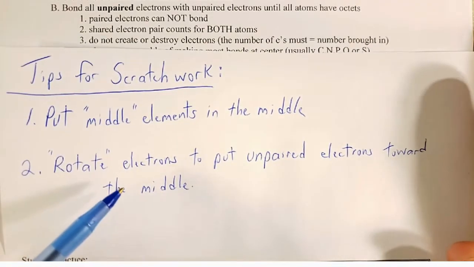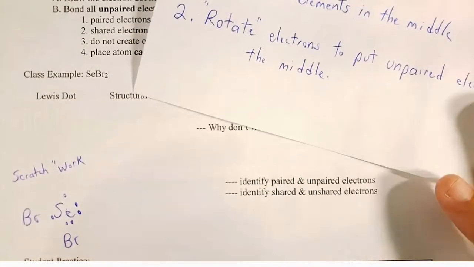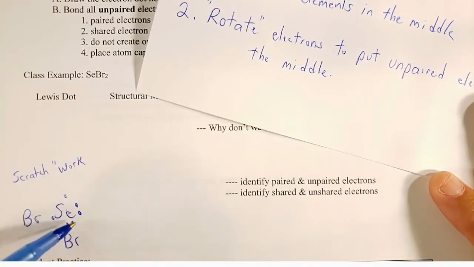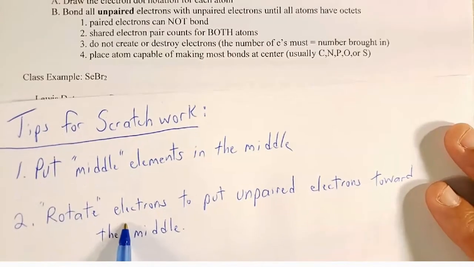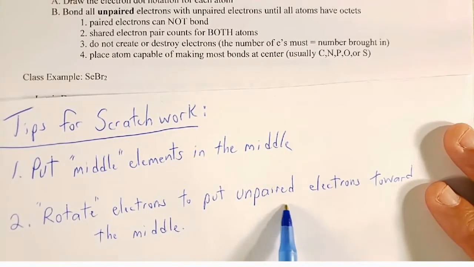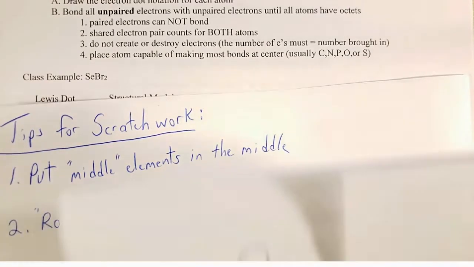When you do the electron dot, sometimes you've got pairs and sometimes you've got unpaired electrons. If we look at our selenium, we can see here's some pairs of electrons, but it has 2 unpaired electrons. So a good trick is to rotate your electrons so that any unpaired electrons you have are towards the middle.